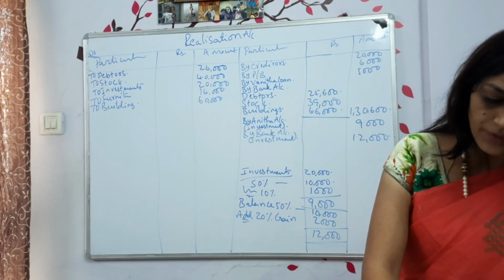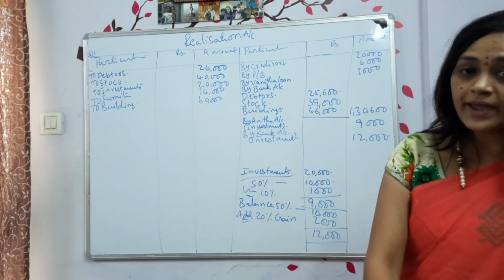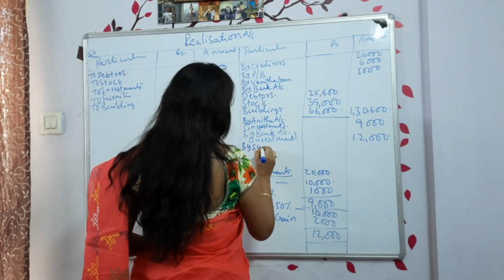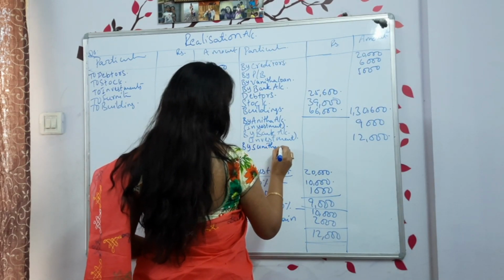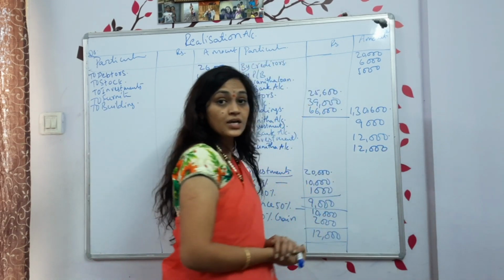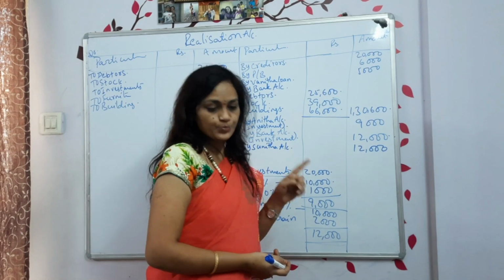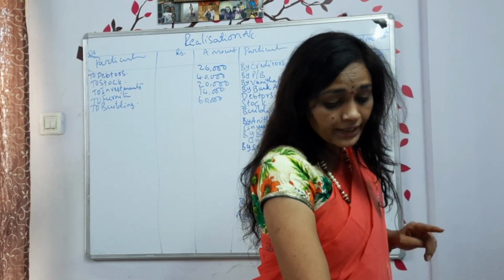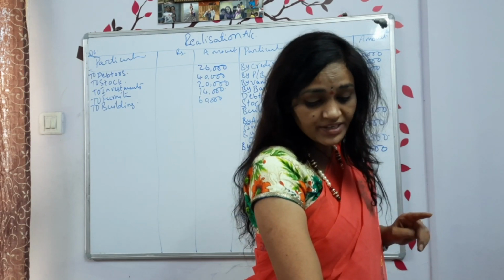Furniture was taken over by Sunita at 12,000. So write down by Sunita capital account, how much? 12,000. She has taken the furniture at 12,000. Okay. Next one. Anita agreed to pay all realization expenses.